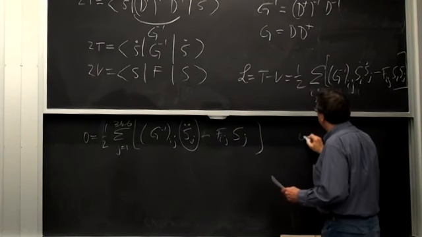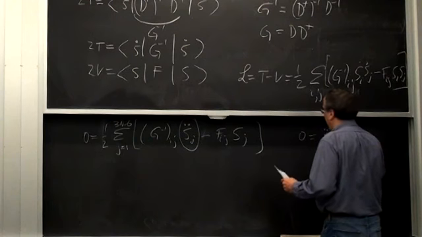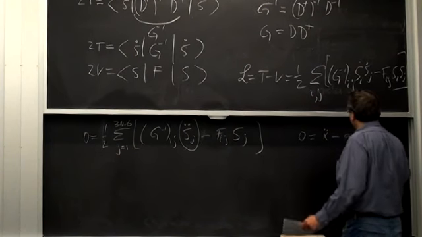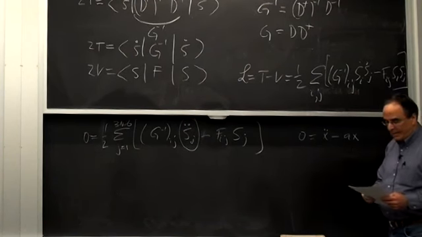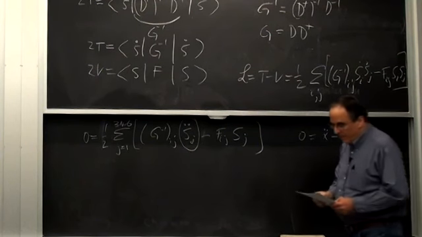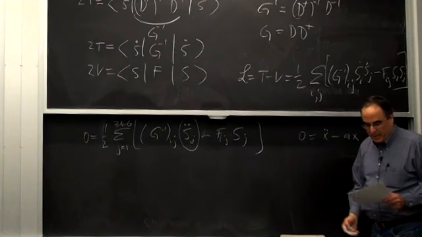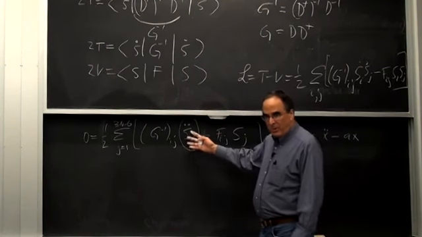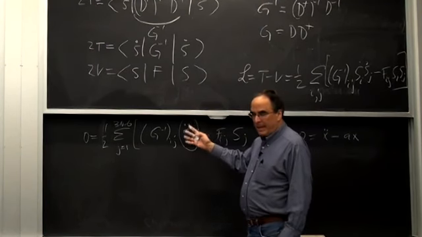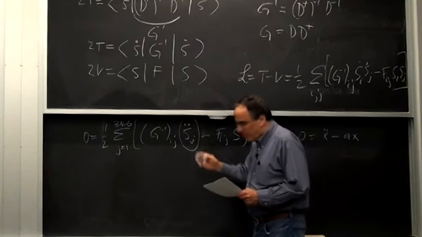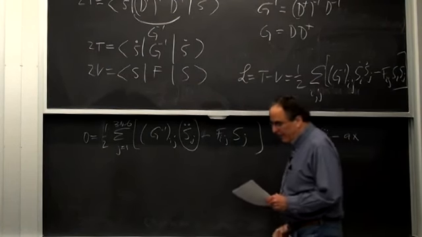It resembles 0 is equal to x dot dot minus ax, which is the equation for harmonic oscillators. So what we do is we say, okay, let us assume that each of the normal coordinates is a harmonic oscillator. Each of the internal coordinates is a harmonic oscillator.